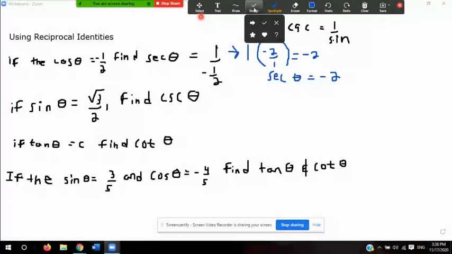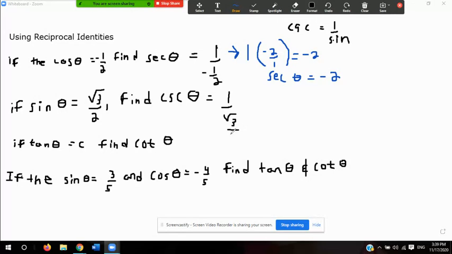So we're simply going to say the cosecant equals 1 over the sine. So the cosecant equals 1 over the square root of 3 over 2.